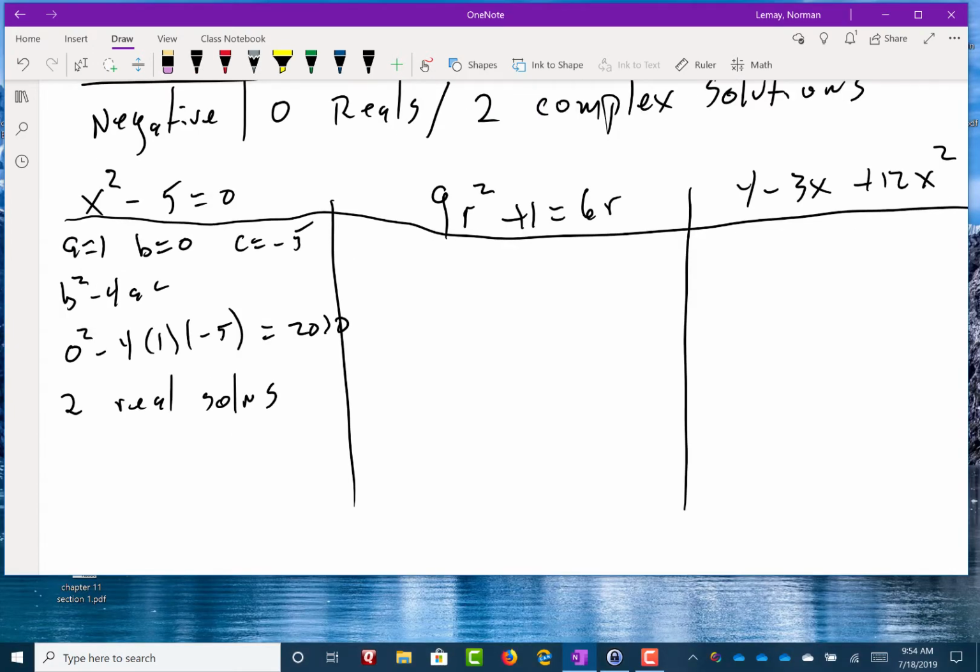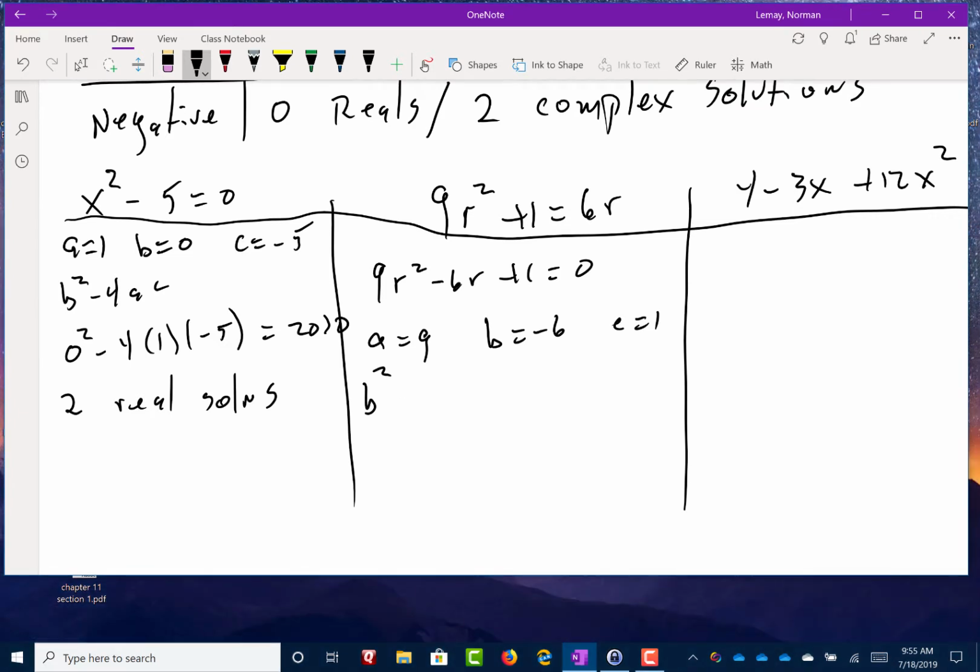So this one is not in our form, but we can put it in the form 9r squared minus 6r plus 1 equals 0. Let's note that a is equal to 9, b is equal to negative 6, and c equals 1.